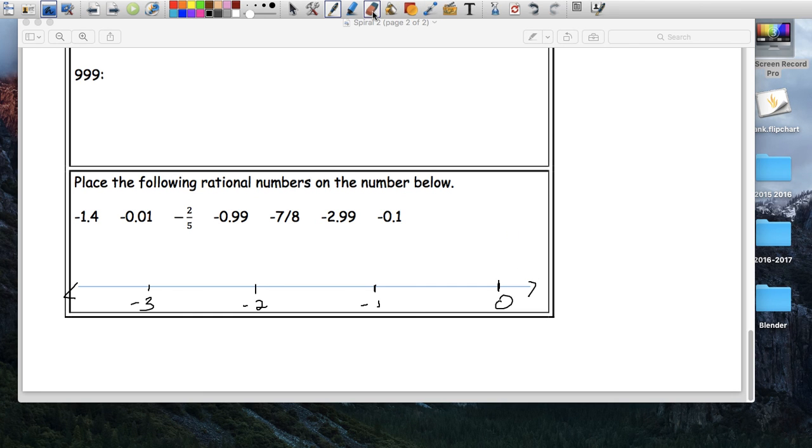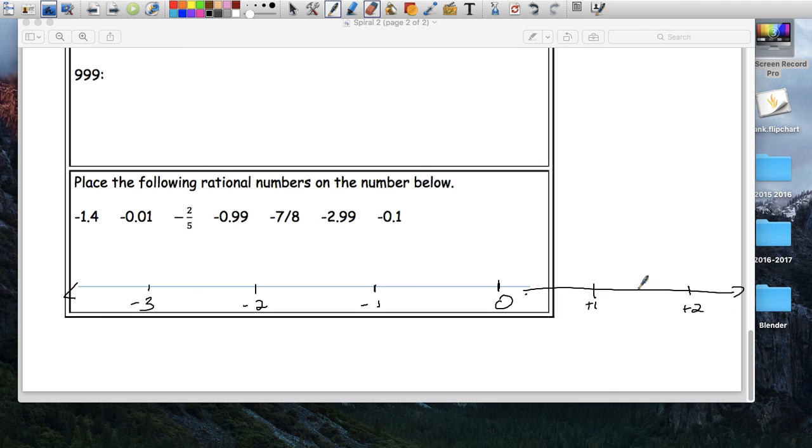I'm going to actually, just in case, extend this positive side. 1, 2, not -1, +1, +2. So let's pretend I didn't know where -1.4 was. Well, I do know where +1.4 is. +1.4, it's between 1 and 2.